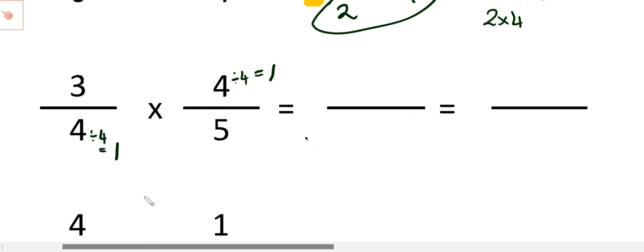So my question now becomes, instead of 3 times 4, it becomes 3 times 1, but only because underneath I've now got 1 times 5. And then, so this is what Zoe was asking, I simplify it, and now I can do the multiplication, which will become 3 fifths. Now before it was going to be 12 20ths.